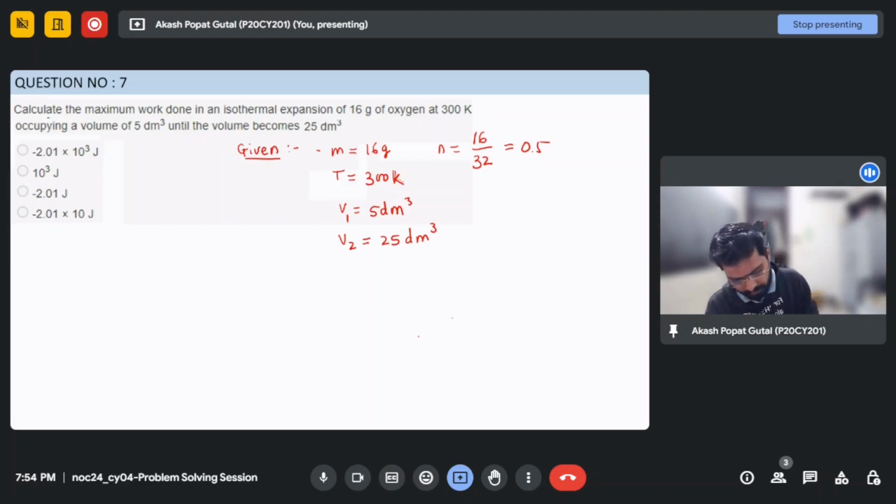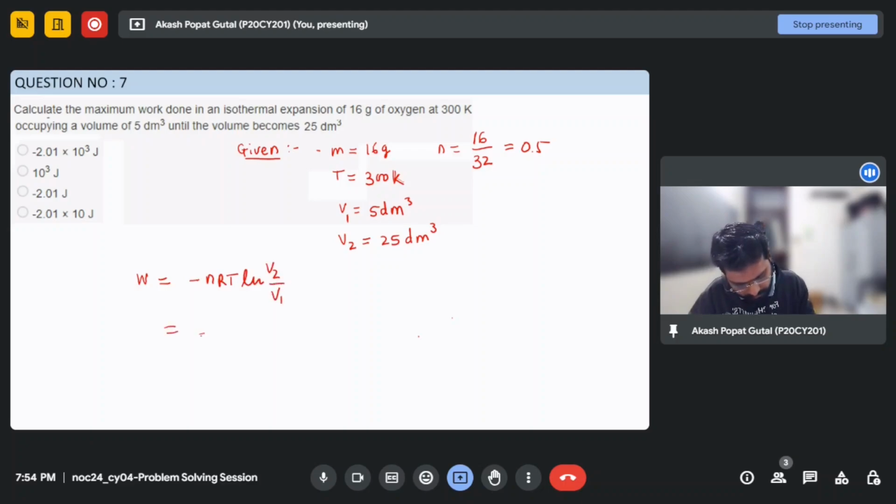And as we know, the maximum work done at the isothermal expansion is W is equal to minus nRT ln V2 by V1.